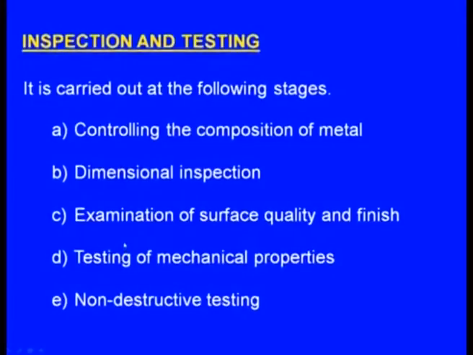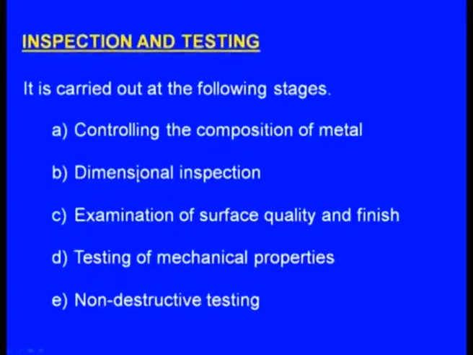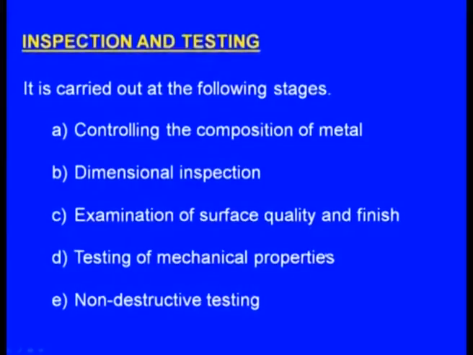So, friends, in this lecture we have seen inspection and testing and also quality control. In inspection and testing we have learned different ways: controlling the composition of the metal, dimensional inspection, examination of surface quality and finish, and testing of different mechanical properties.